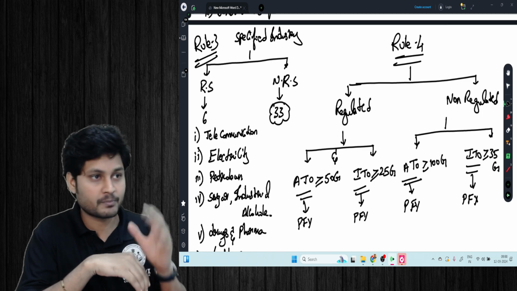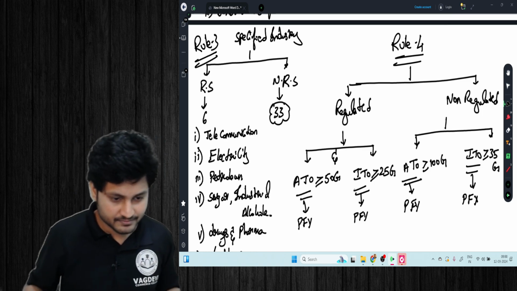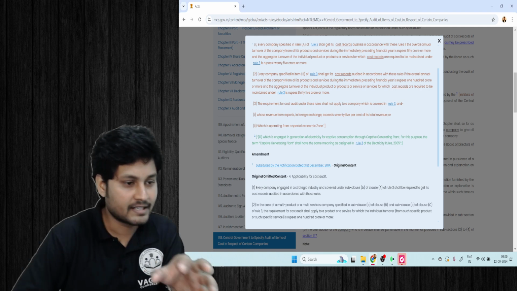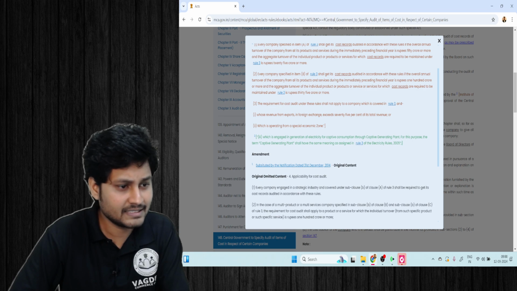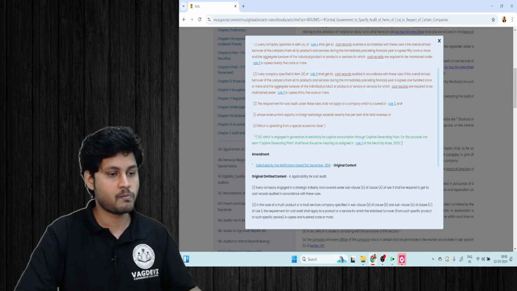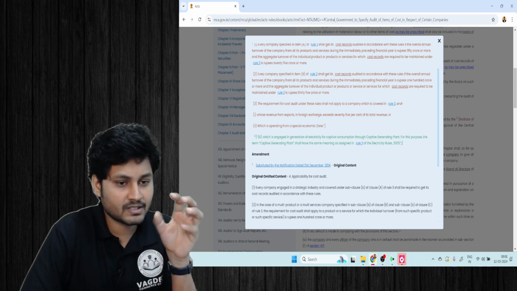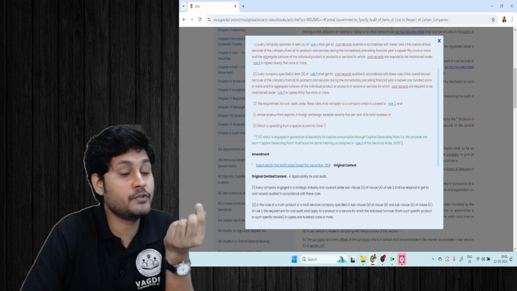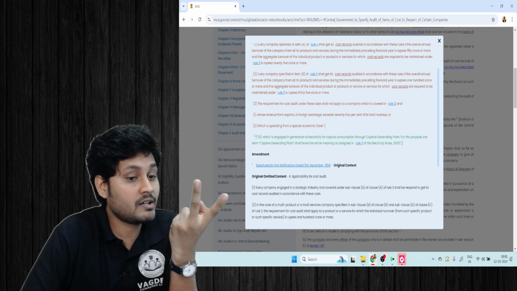It is sufficient, one product, because when you read this, see, I'm trying to read this again. See the third line of the rule: 50 crores or more and the aggregate turnover of the individual product or products.